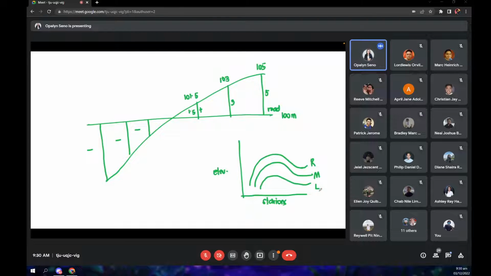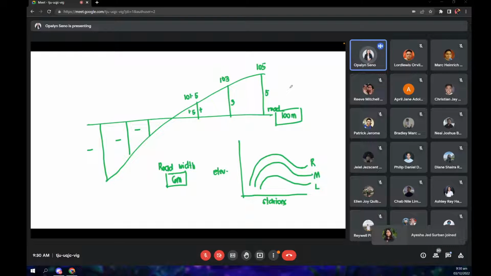So that's your graph. Now again, the width we proposed for the road, remember, is 6 meters. Just follow that, and follow the 100 meters from the mean sea level. They will differ from each other, because sometimes it depends on the elevations.